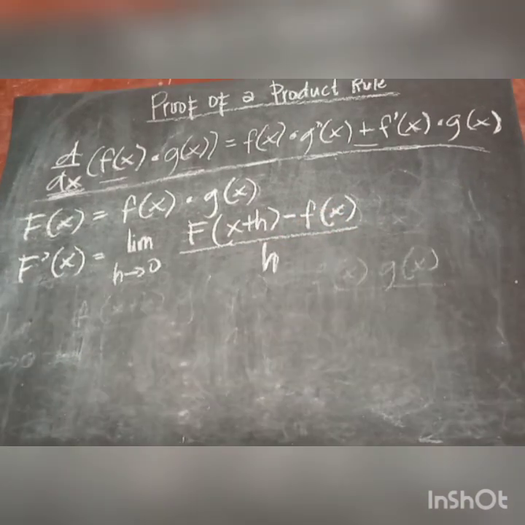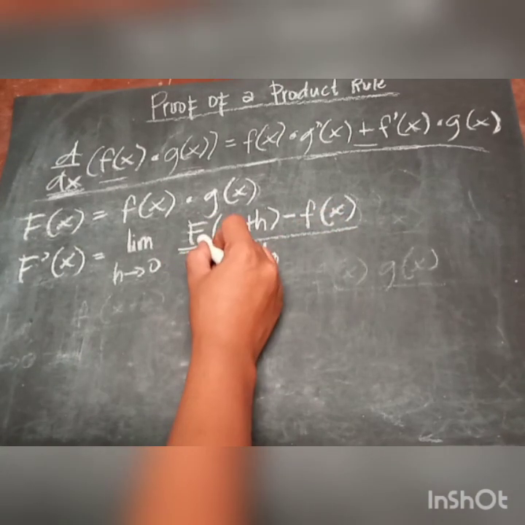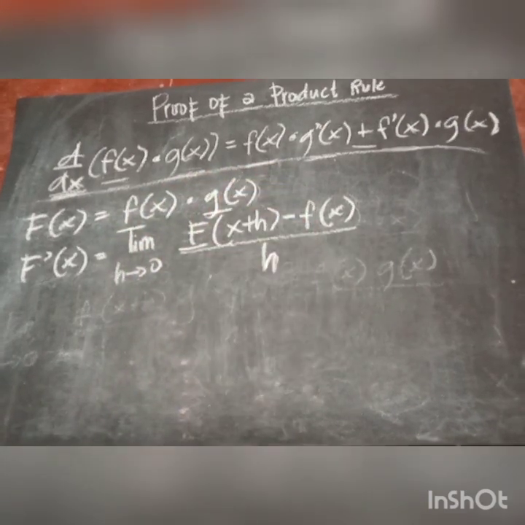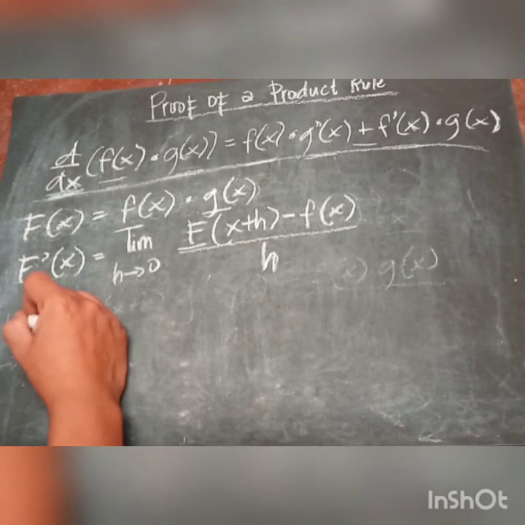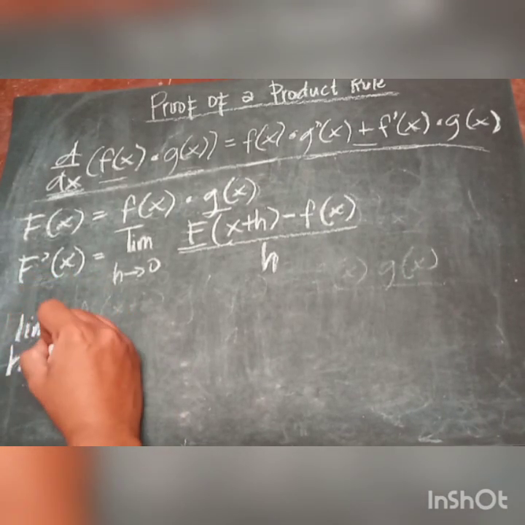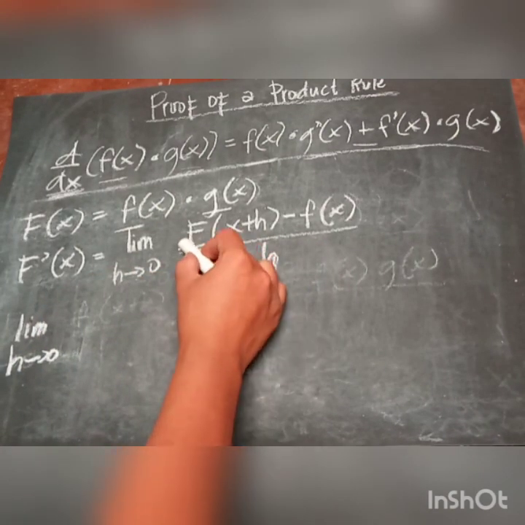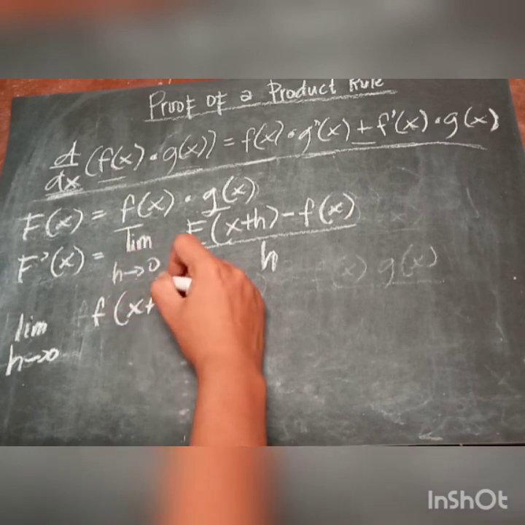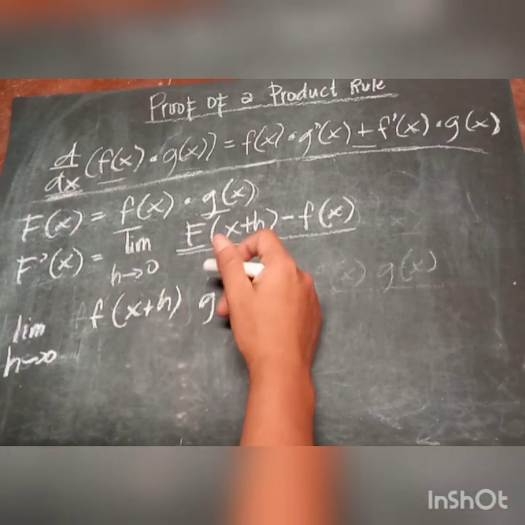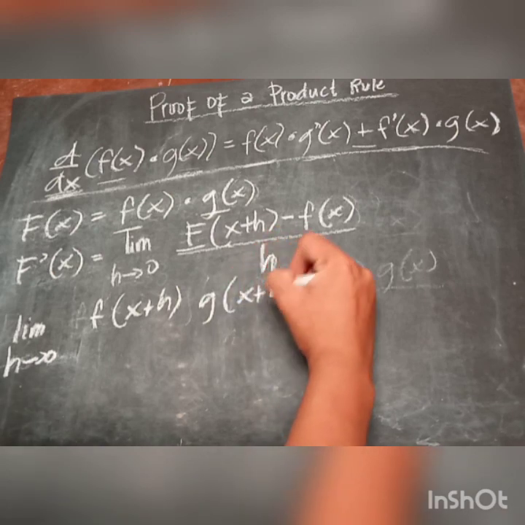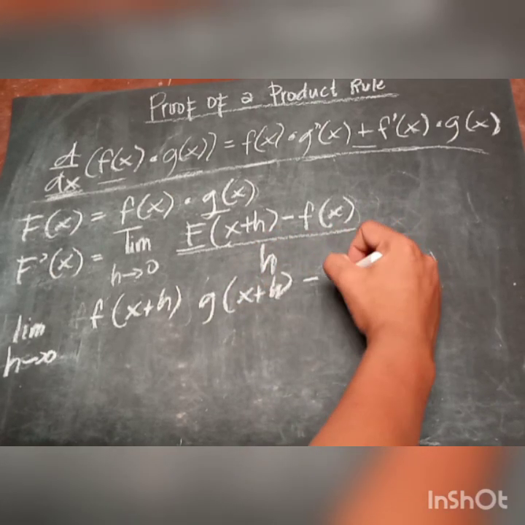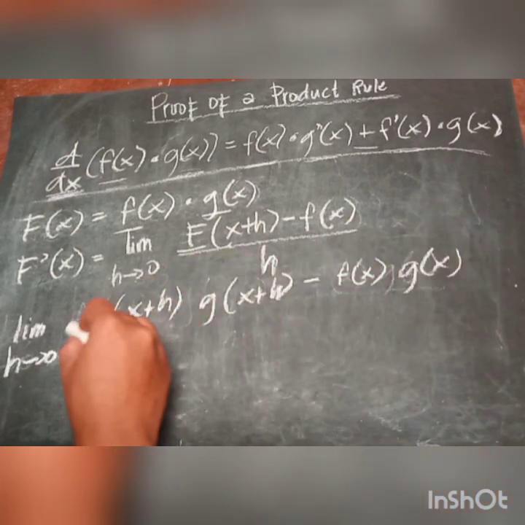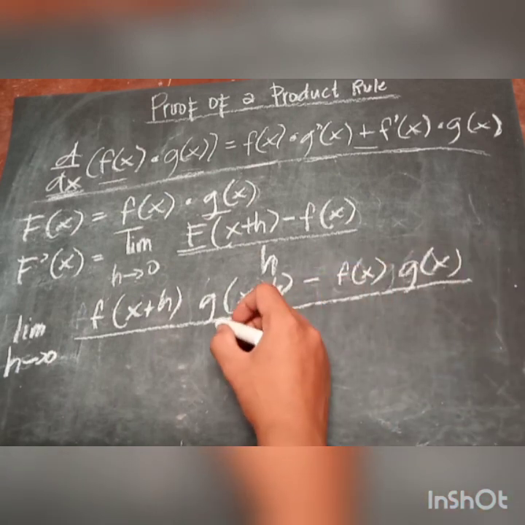But now, I'm gonna replace the capital F function by little f and g. So we can rewrite this as the limit as h approaches 0 of f of x plus h times g of x plus h minus f of x times g of x all over h.